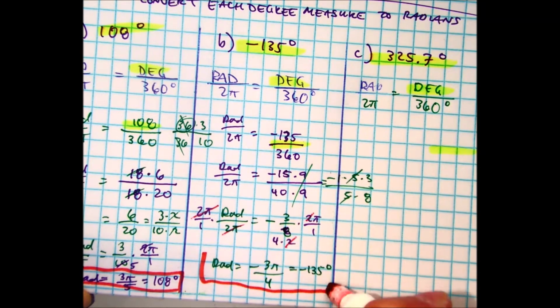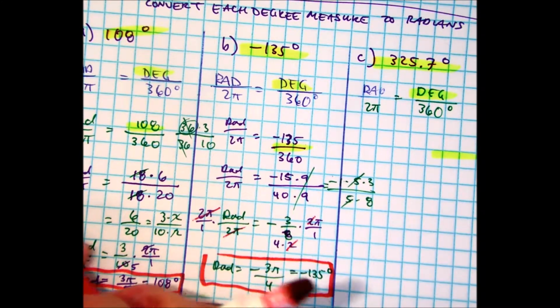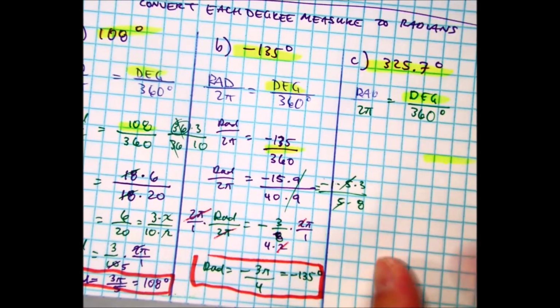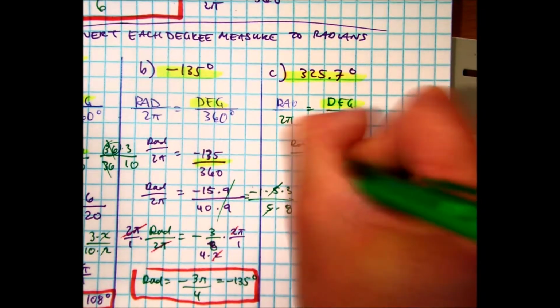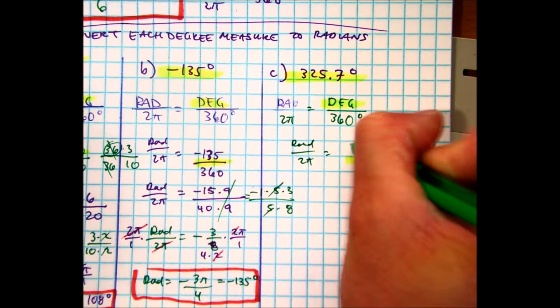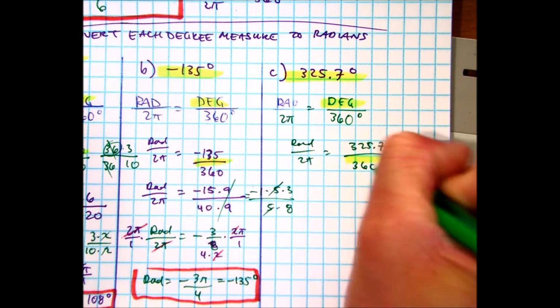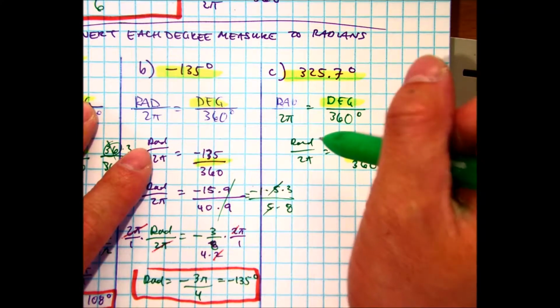Now in the last problem, you'll realize that it's not a reducible fraction. How do you know that? Well, when we're doing the problem, I get radians over 2 pi equals 325.7 degrees over 360. Now pay attention. I just need to get this into radians.